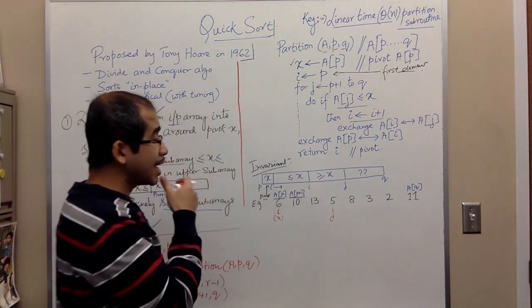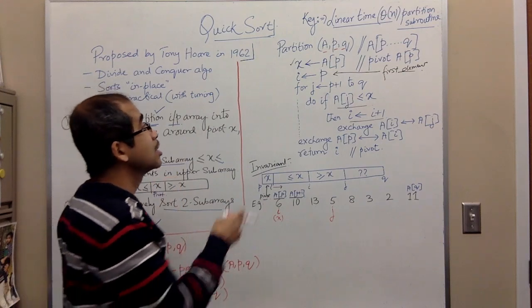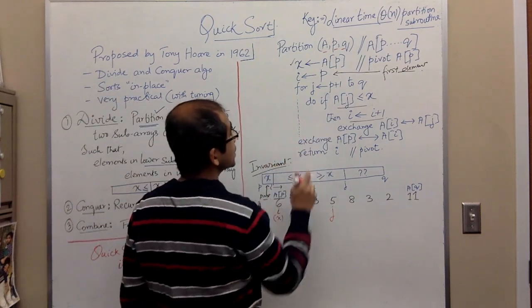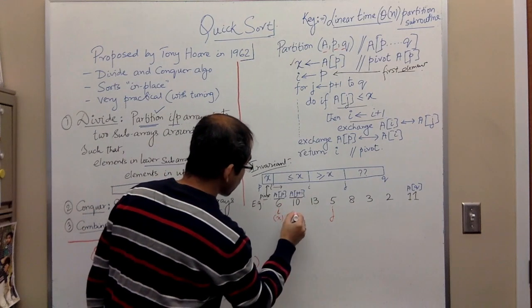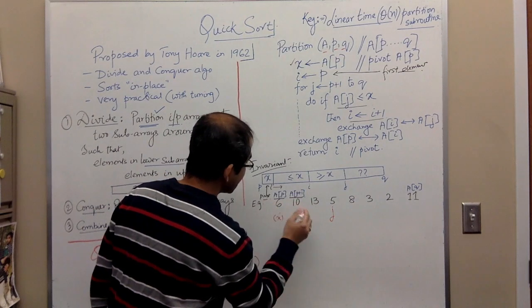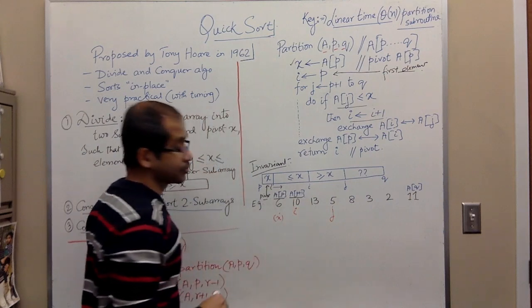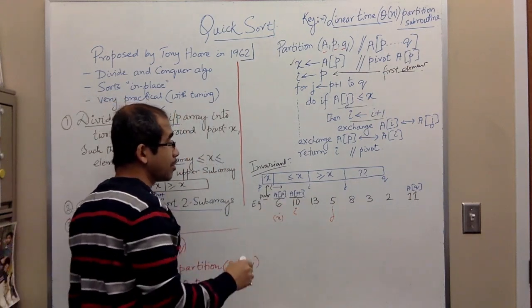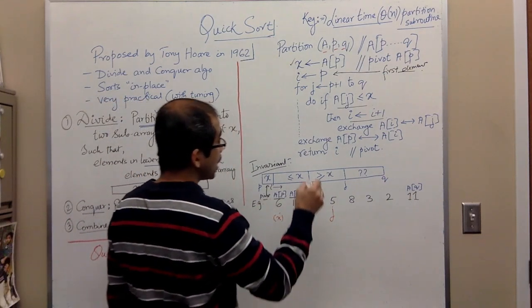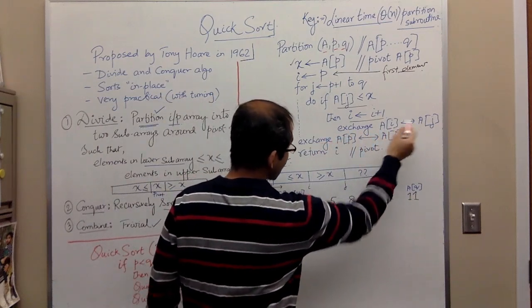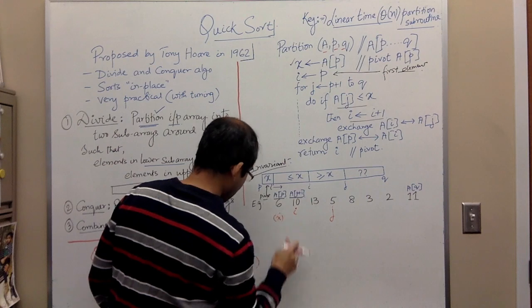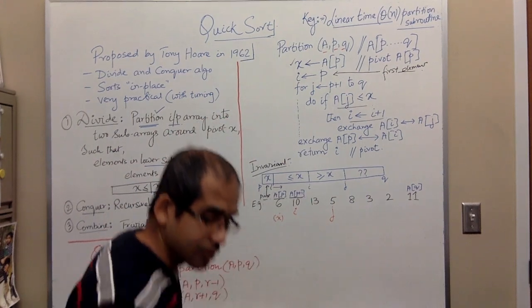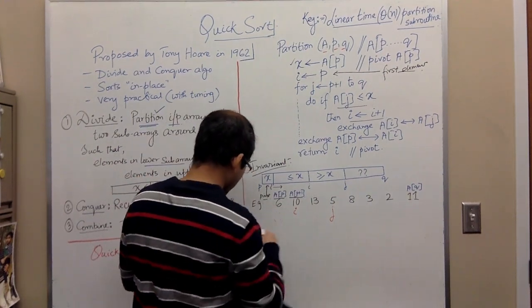Here we see aj is less than or equal to x. Whenever we find aj less than or equal to x, what we do is increment i to be i plus 1. So the new i is this, and I swap ai and aj. Let me delete this just for writing the new array.